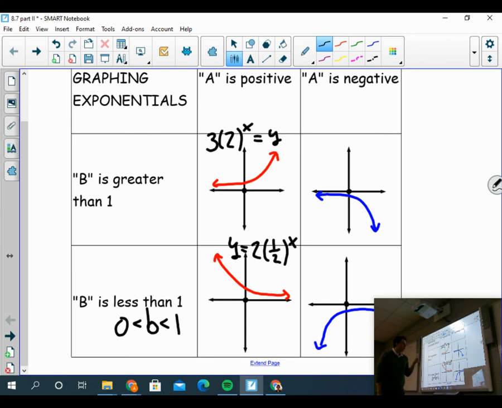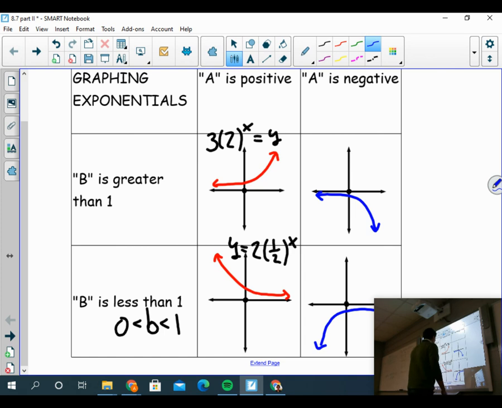And when that b value gets below 1, your graph almost flips across the y-axis. Now your high point occurs when x is negative, and as x increases and turns positive, your graph approaches the x-axis. So they kind of flip across the y-axis, and that's the effect of going from a b value bigger than 1 to a b value between 0 and 1.